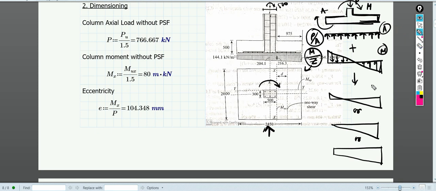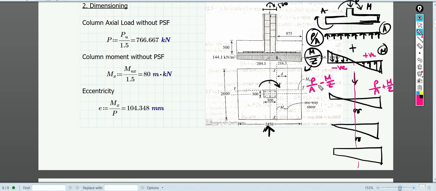Here we have a downward direction, so this will be negative and this will be positive. If this is the center line, then on the left side we will have P by A minus M by Z, and on the right side it will be P by A plus M by Z.